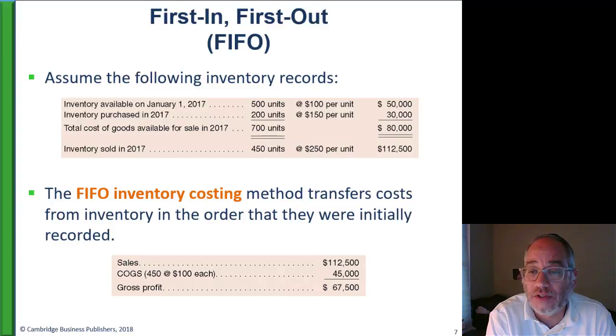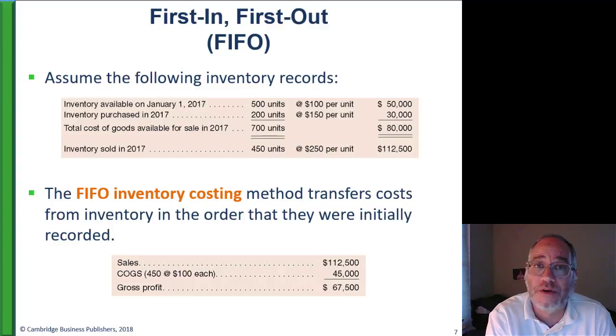So the total cost of goods available for sale would be 700 units, and they cost $80,000. And let's also assume that they sold 450 units. So the question would be, how much did those units cost? Did they cost $100 a unit, or did they cost $150 a unit, or some combination?